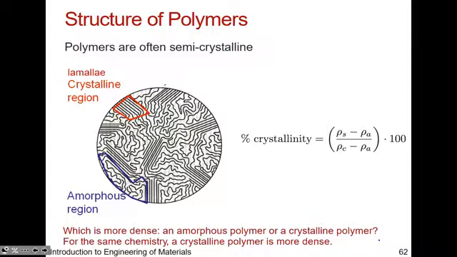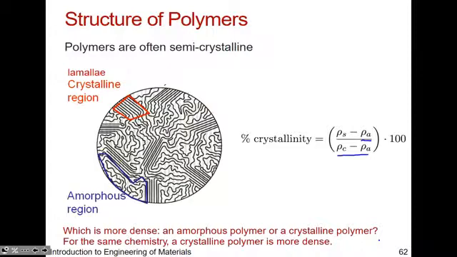And you can calculate that based on the density of the material subtracted by the density of the amorphous regions, and then also normalize that by the difference between the density of the crystalline region and the density of the amorphous region. And so that's the percent crystallinity. It's just a difference between the crystalline and the amorphous regions, multiplied by 100.